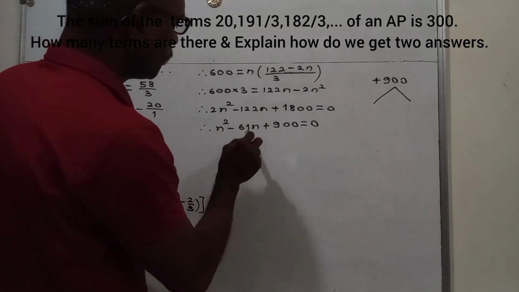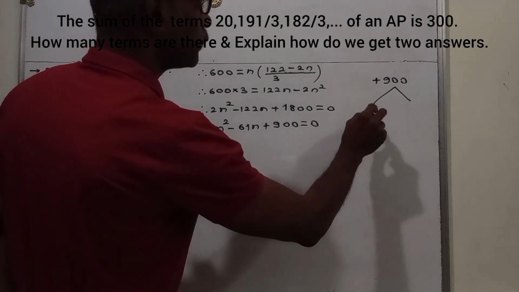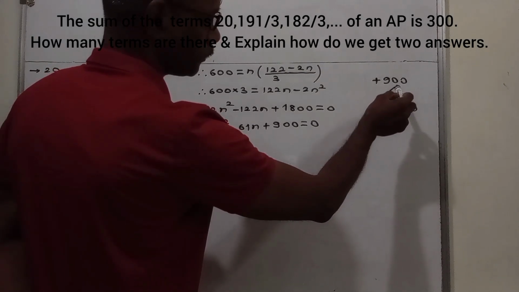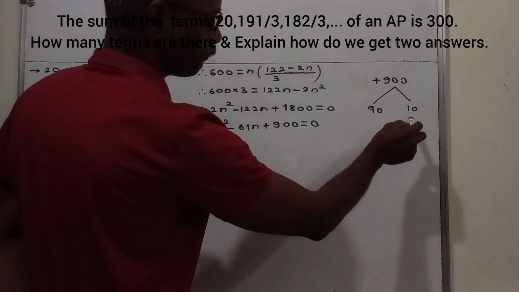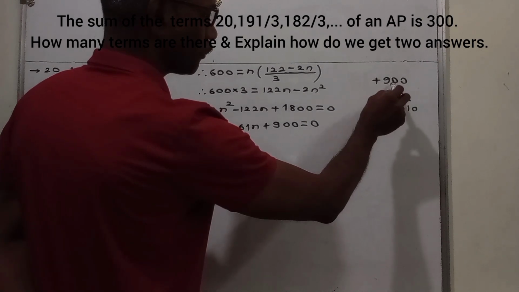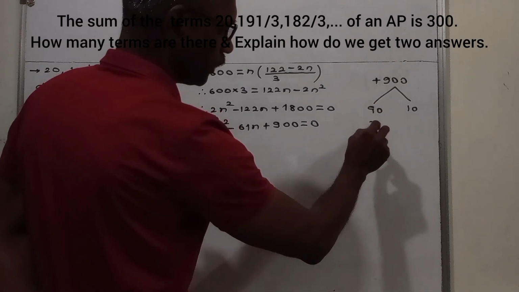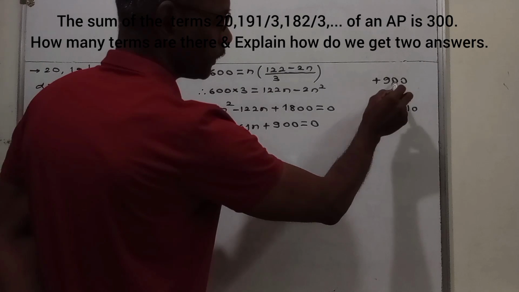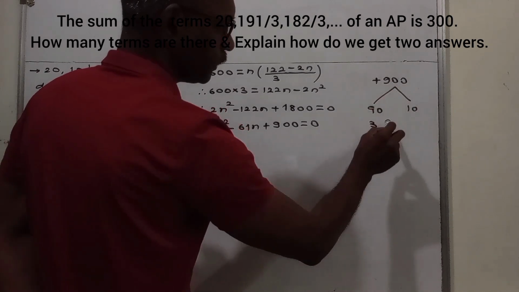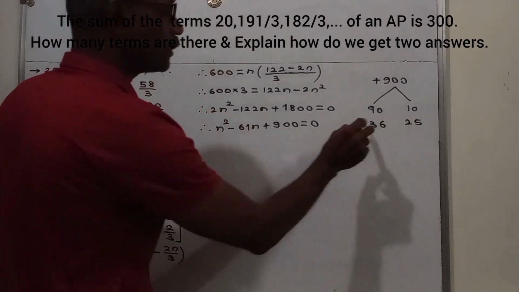So we try factors: 15 into 60, 20 into 45, 25 into 36. 25 and 36 is our answer.